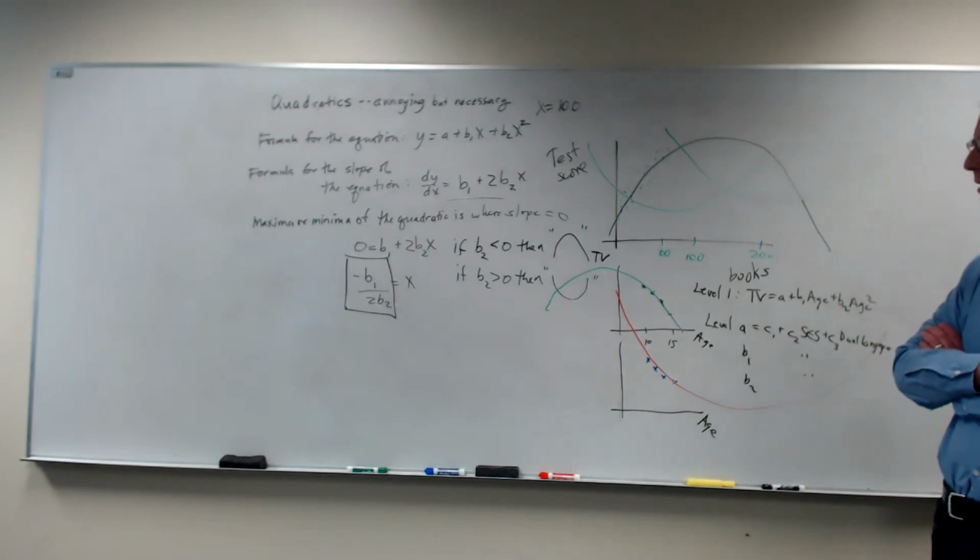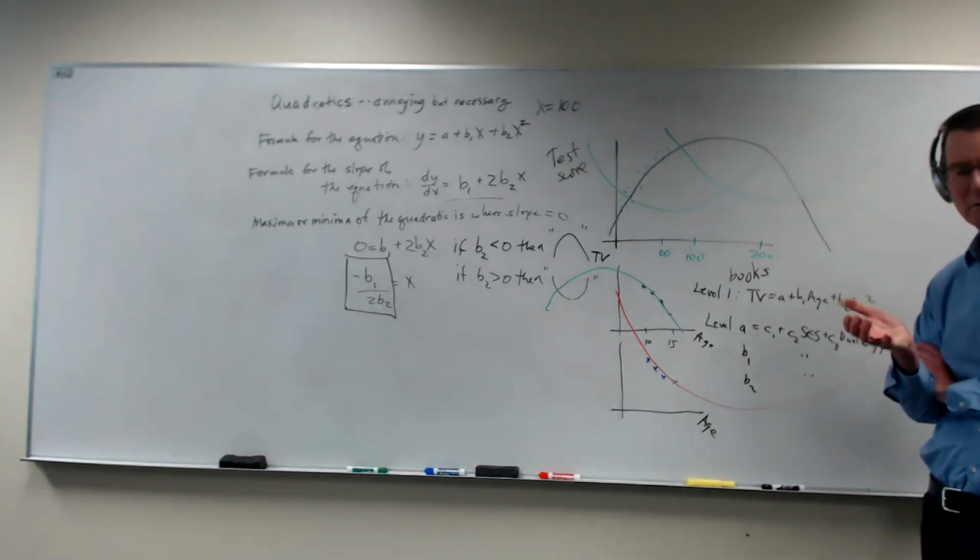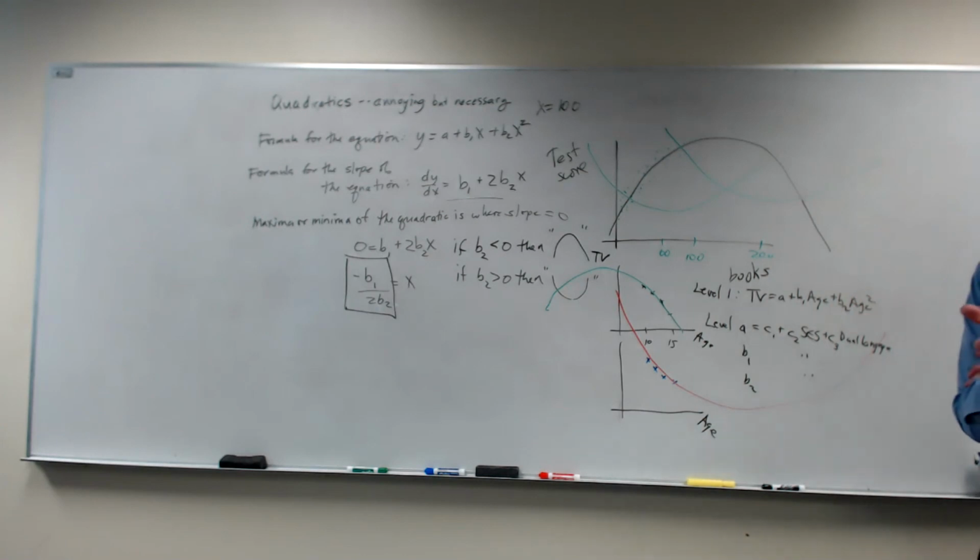I suspect what they did was to do some diagnostic work on the set of independent variables that they have. And it might have turned out that it looked like a quadratic in books fit better than a non-quadratic, in which case they used a quadratic.